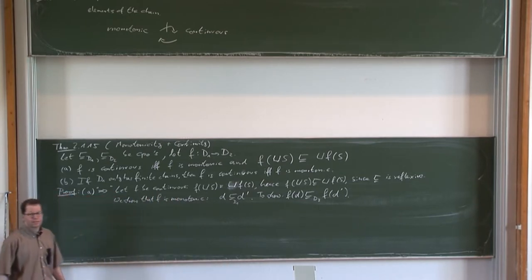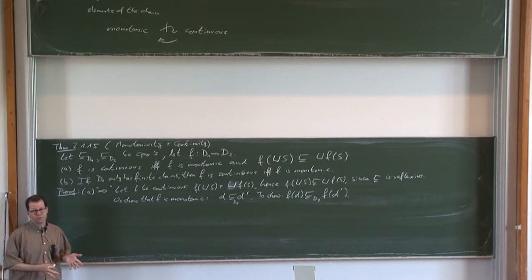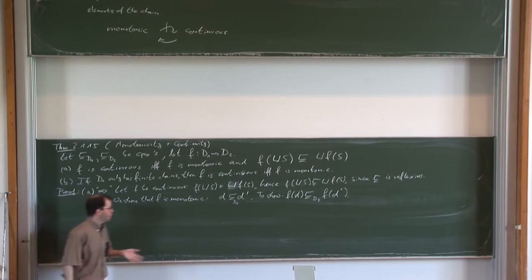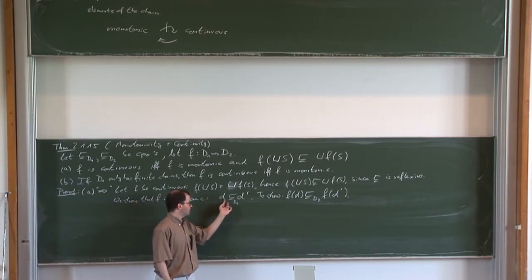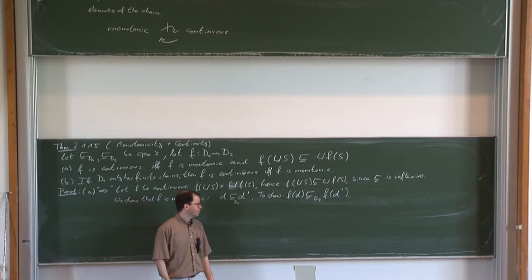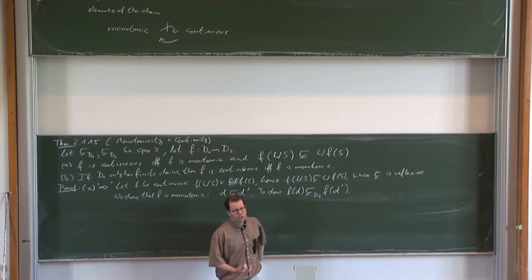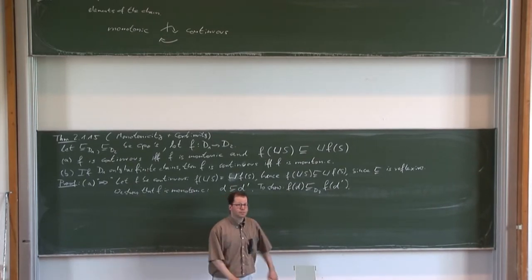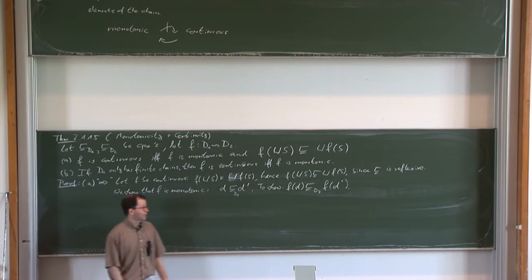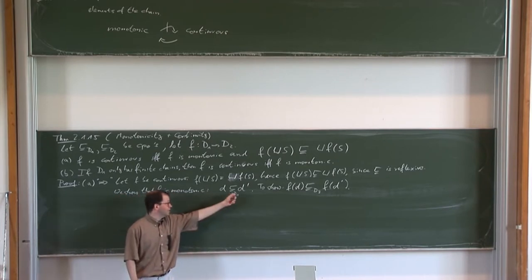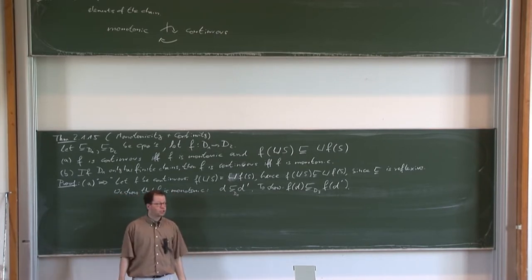Now, why is this the case? We know that f is continuous. And we know that d is less than or equal to d prime. Then why should this hold? Now, continuity says something about chains. How can we make a chain? We have two elements, d and d prime, so we can make a chain out of them.